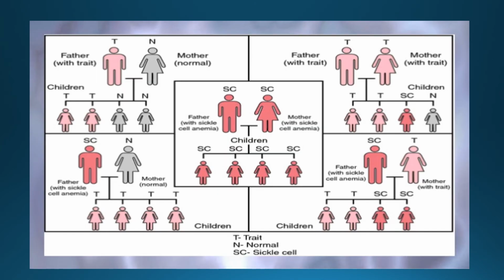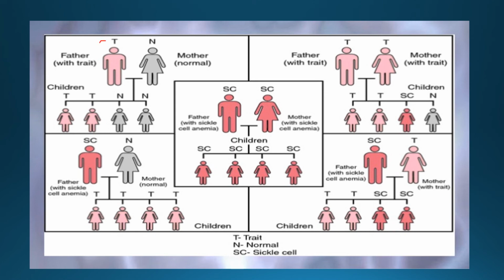Here there are several examples of sickle cell anemia. T is the trait, N is normal, and SC is the one who is suffering from sickle cell anemia.